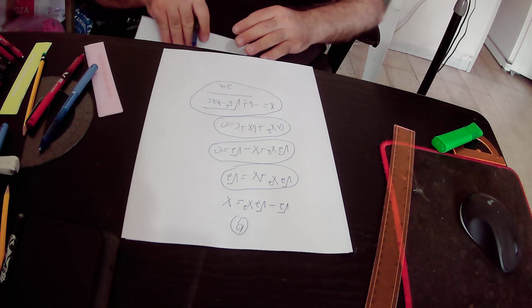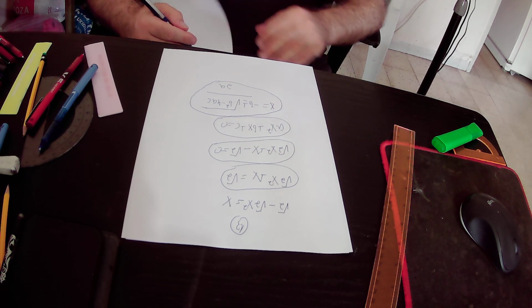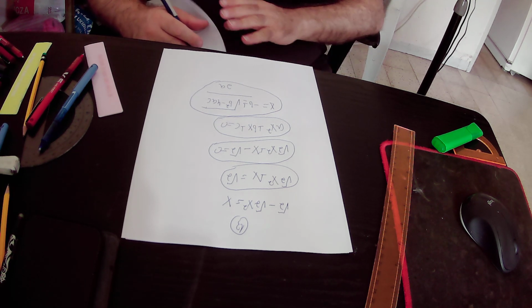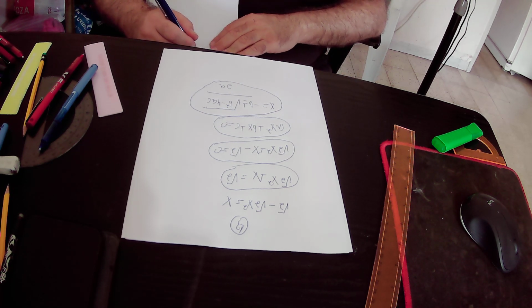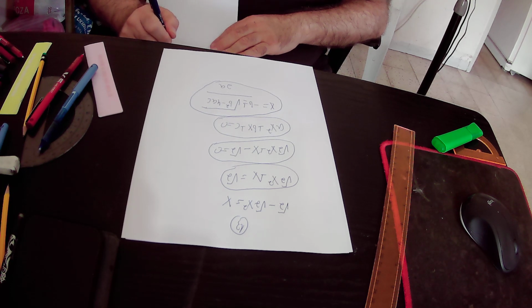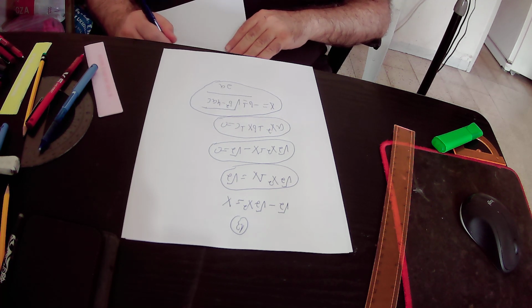So in our specific quadratic equation, we know that a equals root 2, b equals 1, and c equals minus root 2.